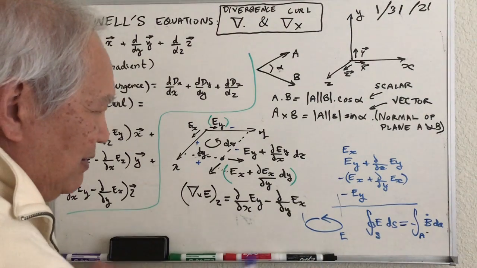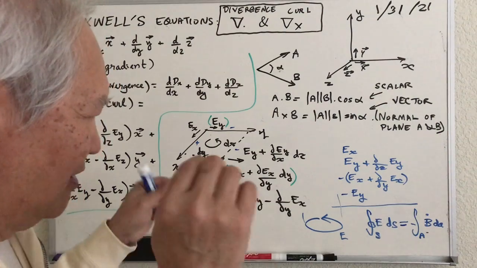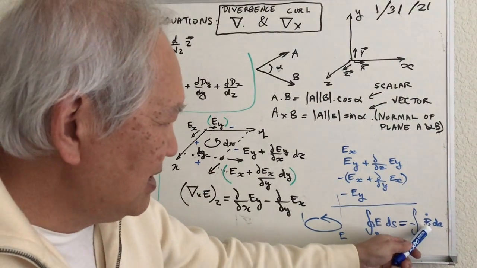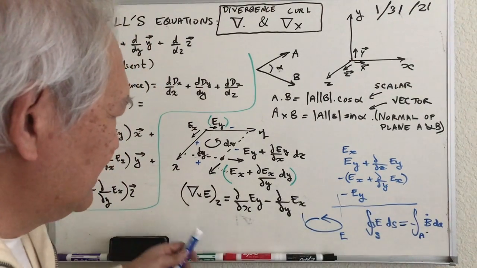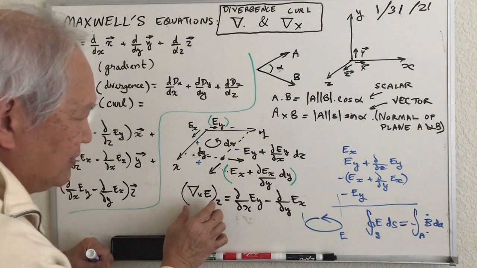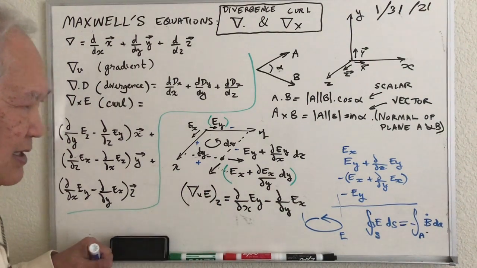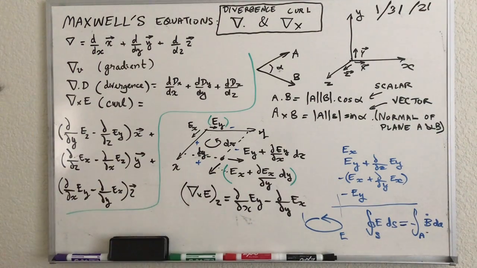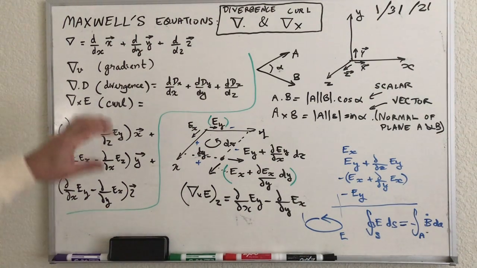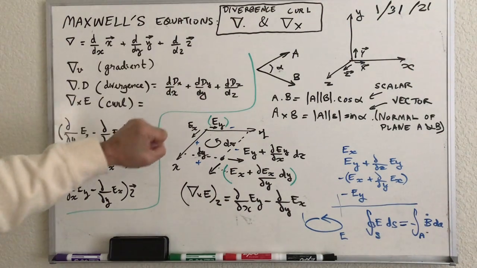And that says that at that microscopic level, the derivative of B with respect to time is equal exactly to the z component of the curl of E. Eventually we're going to bring this back to the Maxwell equations. So that essentially is the meaning of the two math operators that show up in the Maxwell equations.